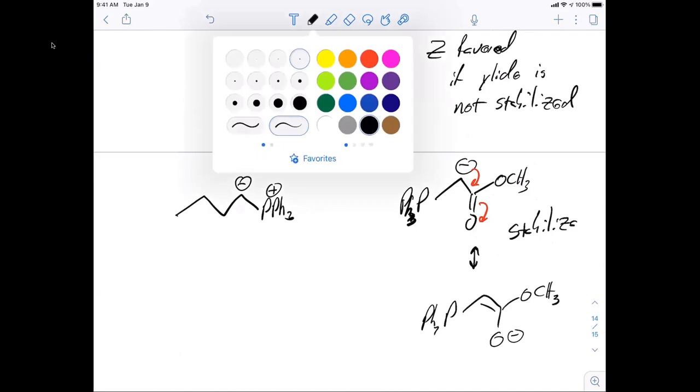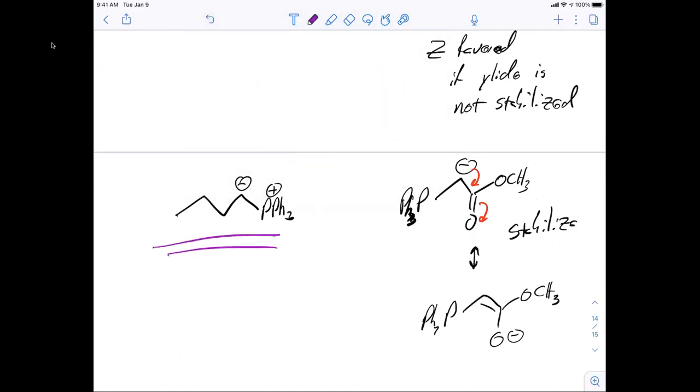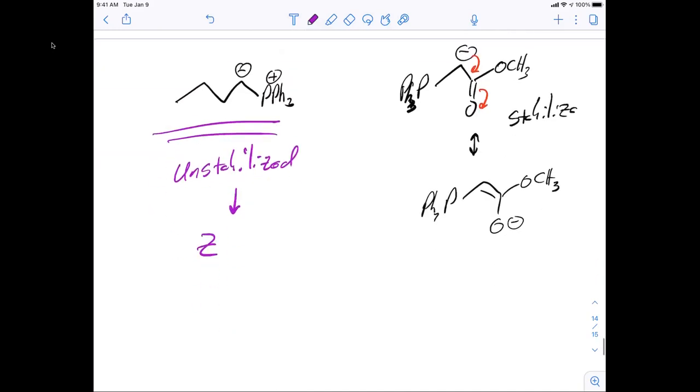This one is unstabilized, and most of them are unstabilized, but unstabilized is going to favor the Z form. And that has to do with the fact that they come together and they usually work very concertedly, right? While the stabilized is going to favor the E form.